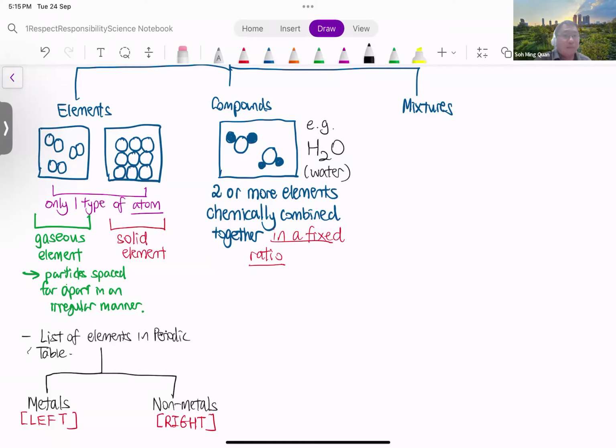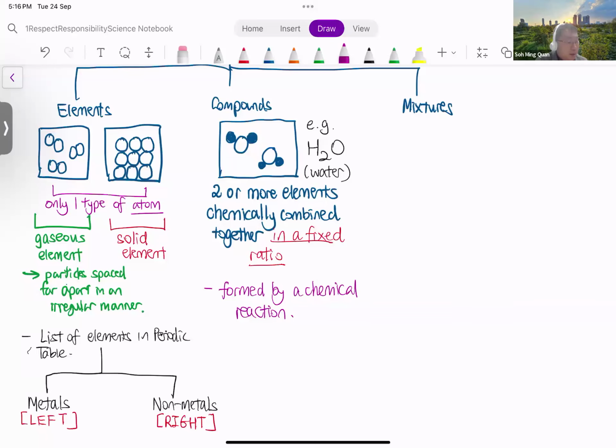Now, besides that, because it's chemically combined together, it is formed by a chemical reaction. For example, to form water, we burn hydrogen in oxygen. Burning is a chemical reaction. Okay?